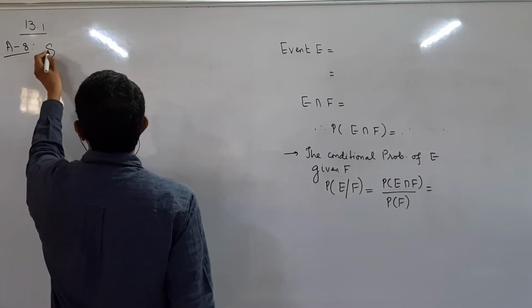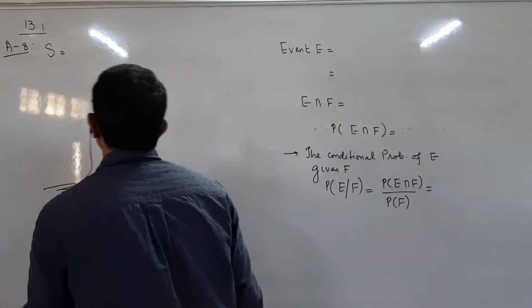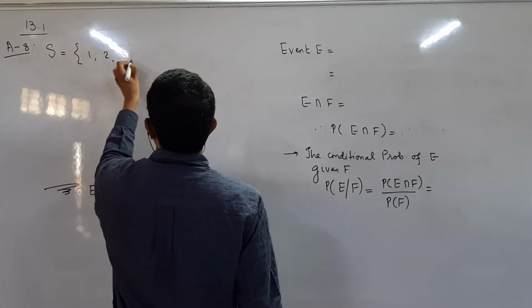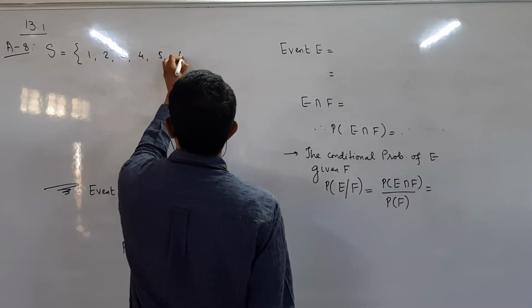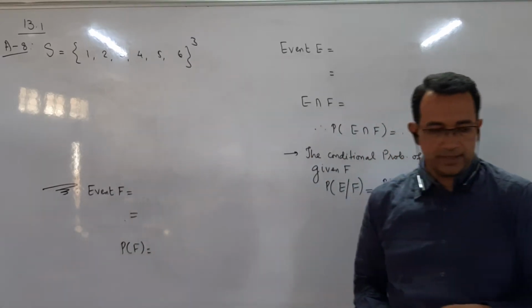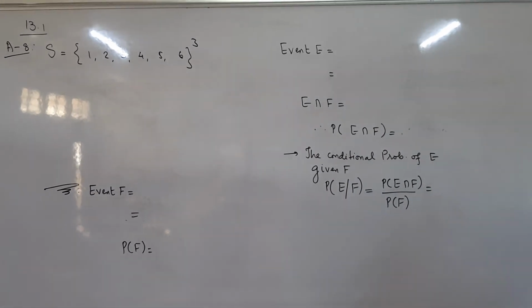Now, the sample space of throwing a dice 3 times is the cube of the set of elements consisting of integers 1 to 6. All of you know, students, whenever I toss a dice, the sample space for the random experiment is the set of integers 1 to 6.